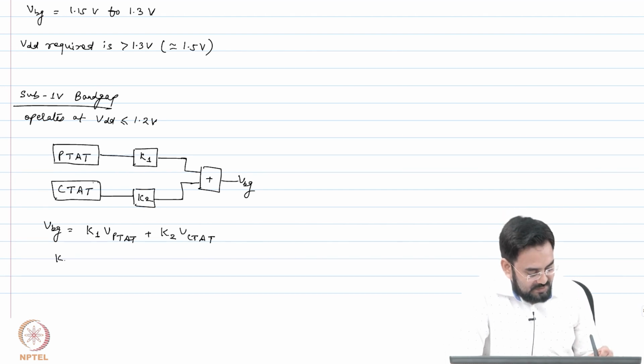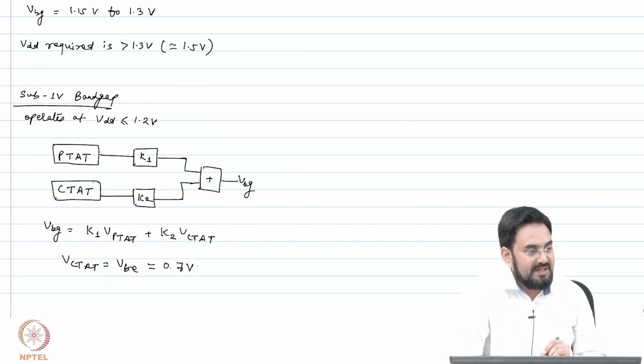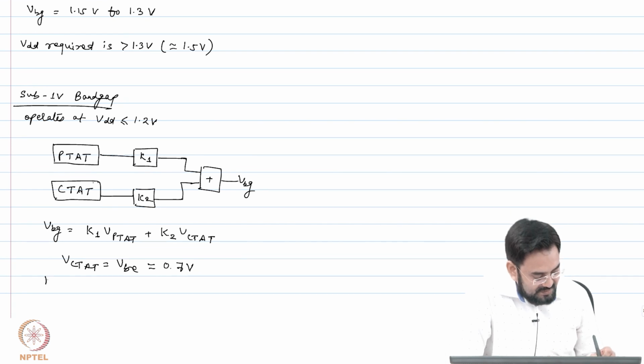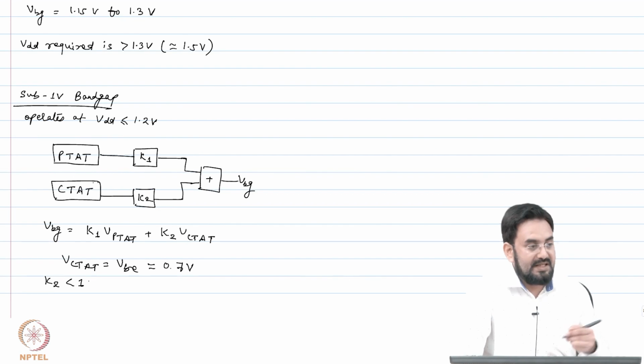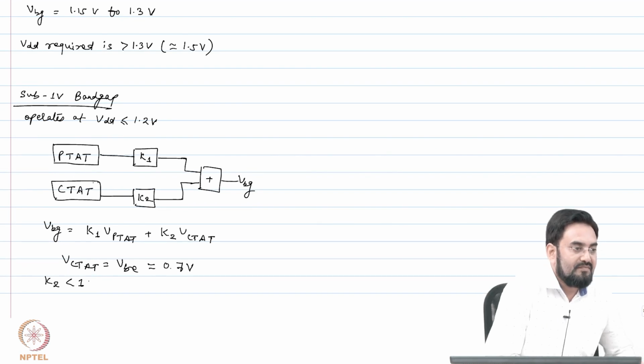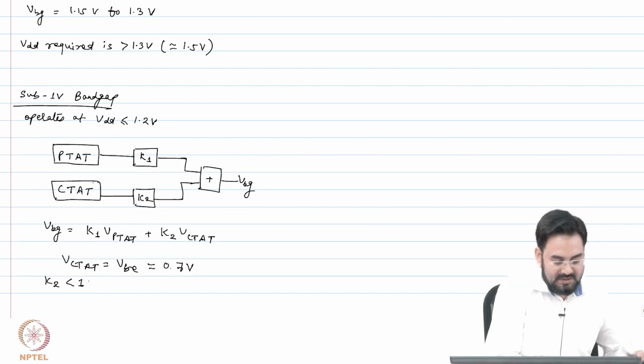And if you choose K2, and we know VCTAT is VB, which is 0.7 volt approximately. Now, if K2 is less than 1, then you can scale down VB. So let us say you choose half.